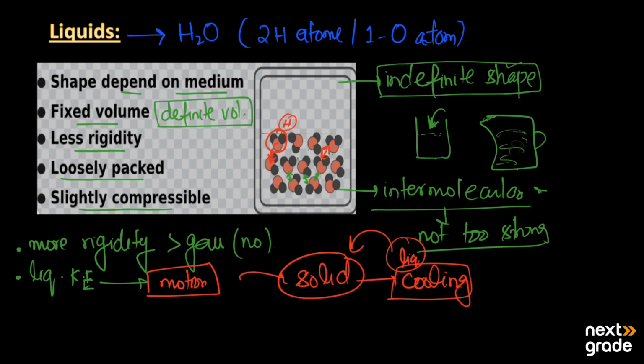After striking, it transfers its kinetic energy and now has low kinetic energy. So they transfer their energy among themselves, but those of solids can't do this. So these were the simple properties of liquids.